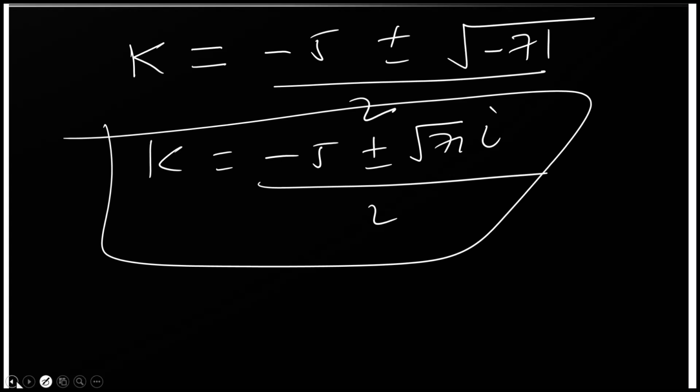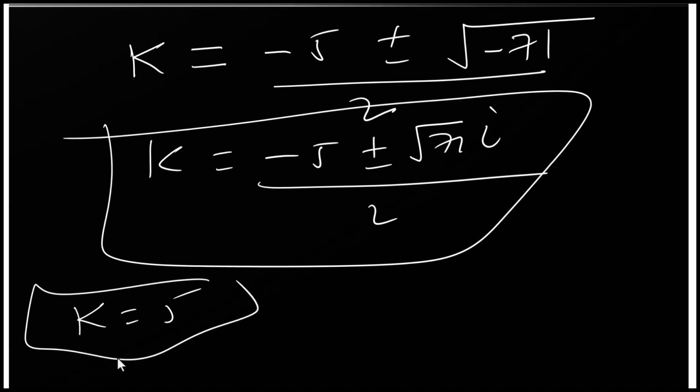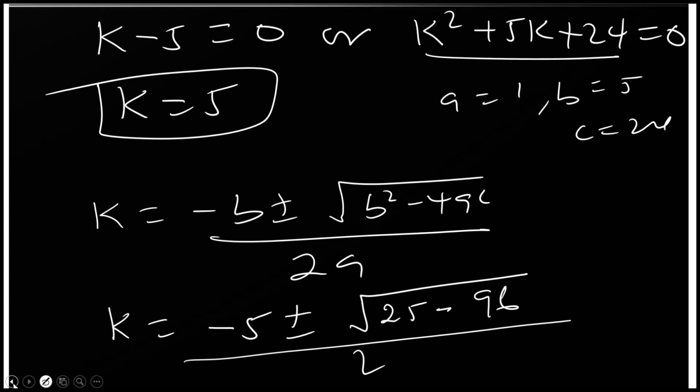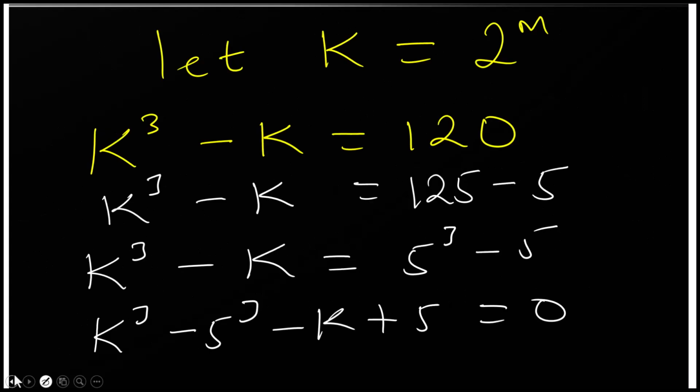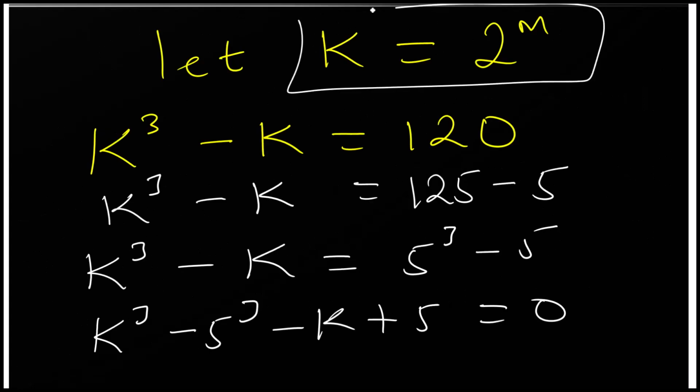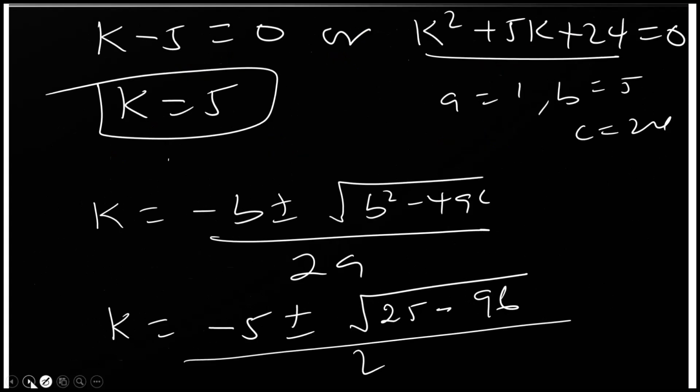But let's focus on the resolution k equals 5 and see how best we can complete the question. Remember we did this: k equals 2 to the power m. So k is 5, the same as 2 to the power m.